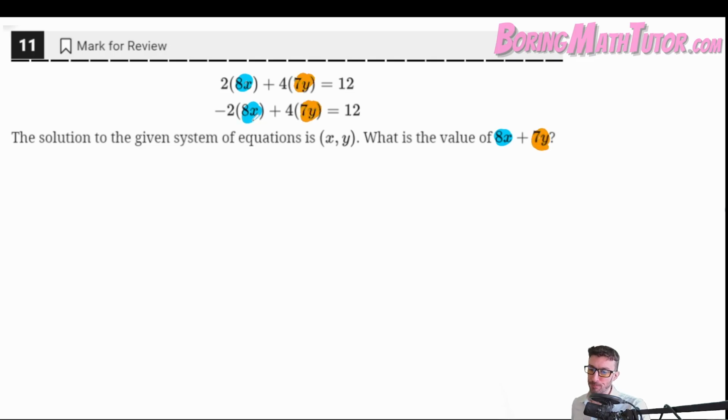Well, the funny thing is that instead of calling it 8x and 7y, because it's 8x everywhere, let me just call that A, and I'm going to call all of those 7y's B. Then if I do that change, I can now add up these two equations, because we're going to get a nice cancellation. 2a minus 2a would cancel, and then 4b plus 4b would be 8b equals 24. That means b itself would just be 3.